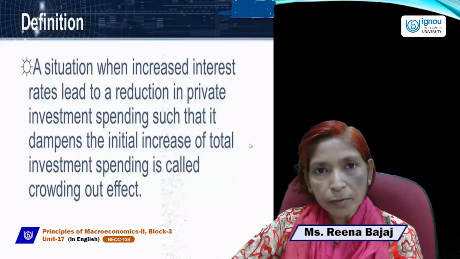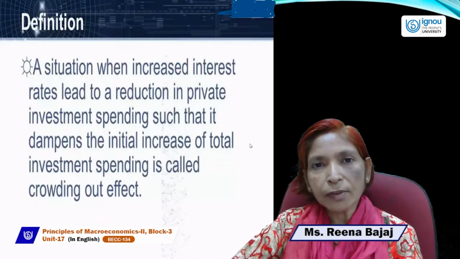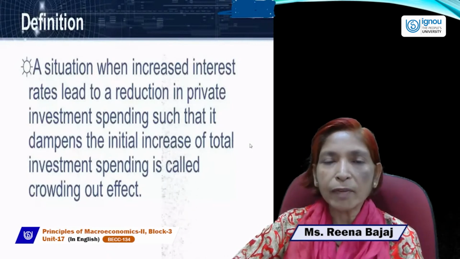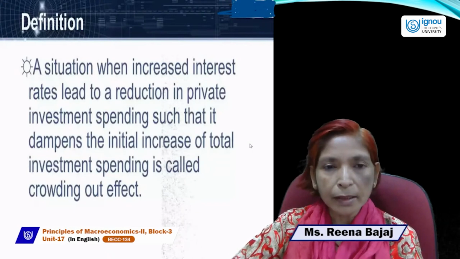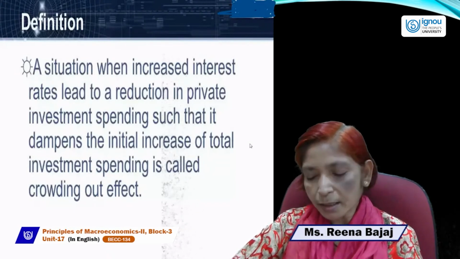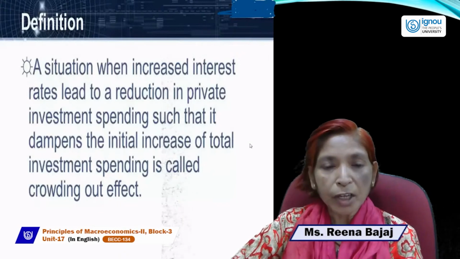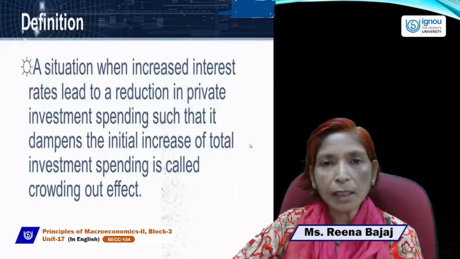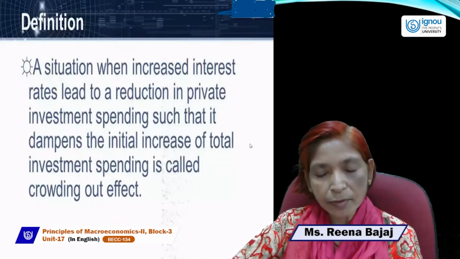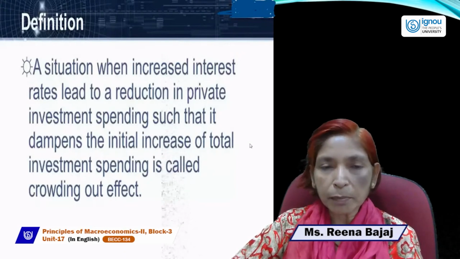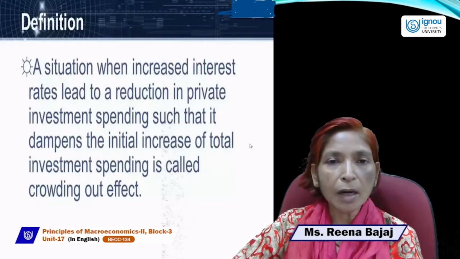This minimum rise in income level shows that due to the rise in interest rate, private investment spending falls. That's why income will not increase by the multiplier effect, and it means expansionary fiscal policy crowds out the investment level. This is the crowding out.